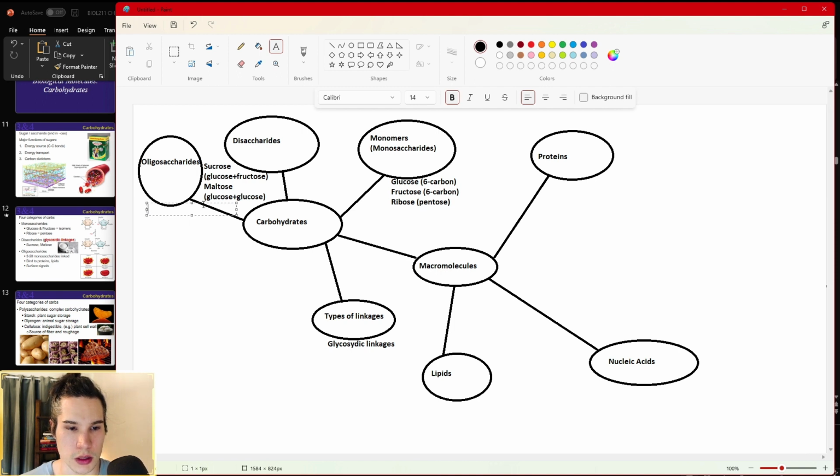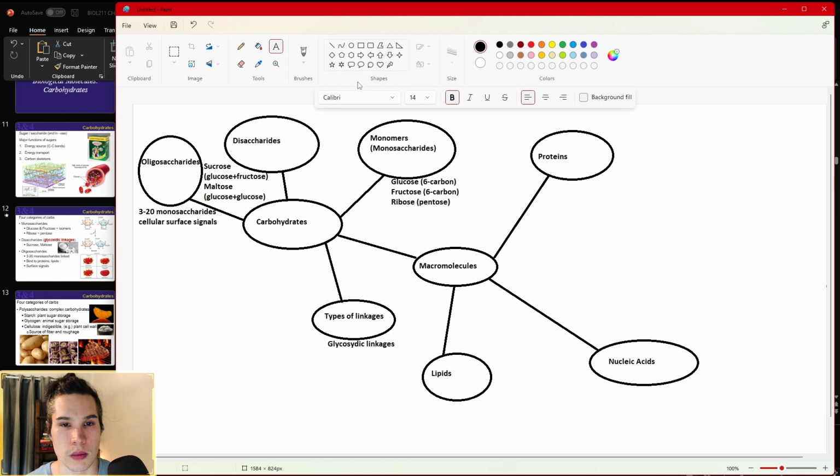The main characteristic is that they're composed of 3 to 20 monosaccharides. And they're going to be used mainly as cellular surface signals that say, hey, I'm a friendly cell. Don't eat me.